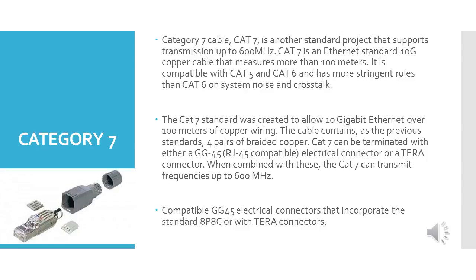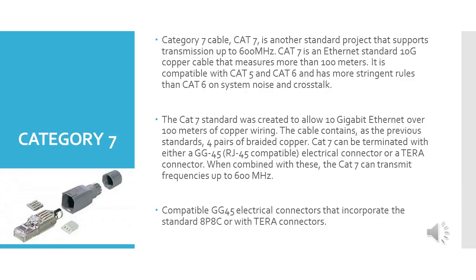Category 7 cable is another standard that supports transmission up to 600 MHz. It is an Ethernet standard 10 GB copper cable that measures more than 100 meters. It's compatible with Cat 5 and Cat 6 and has more stringent rules than Cat 6 on system noise and crosstalk.